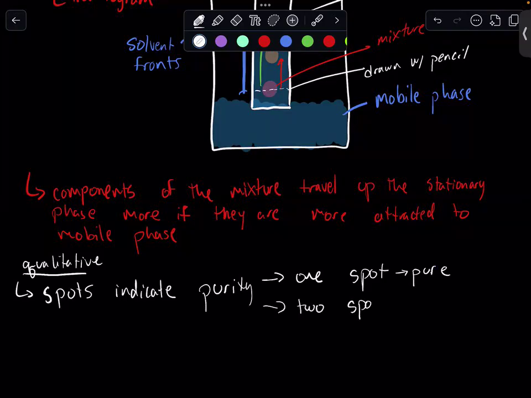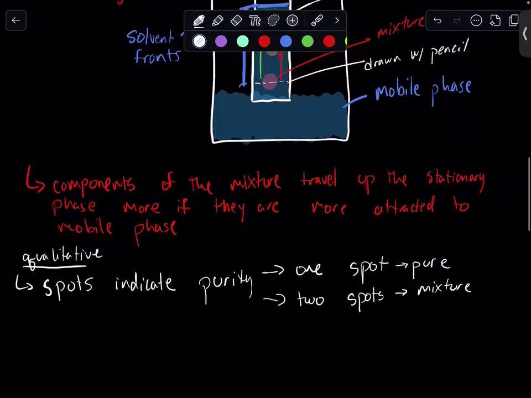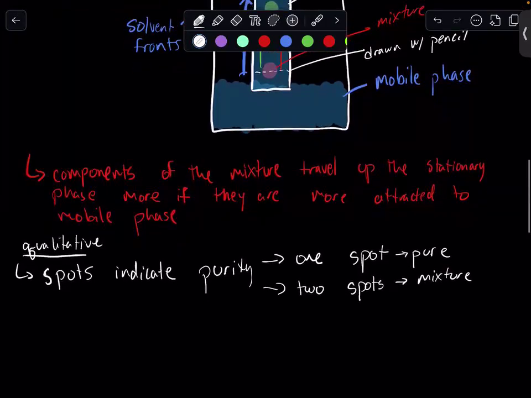Two spots would indicate a mixture. But we know this is qualitative because it doesn't say how much in percentages. So it doesn't say 30% one thing, 70% another thing. Two spots just indicates a mixture. So we could go 3 or 4, whatever.